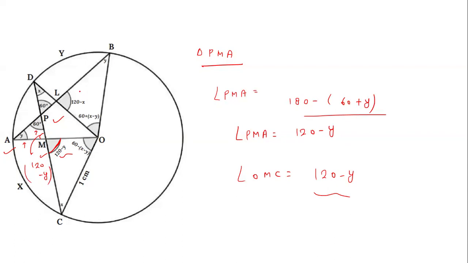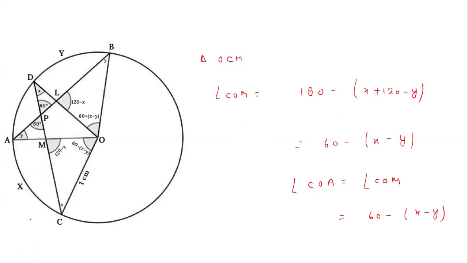So now we know this angle and this angle, and this angle we calculated as y, and this angle we calculated as x. Now you consider the triangle OCM, this O, this C, and this M.